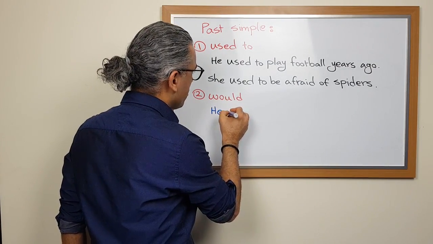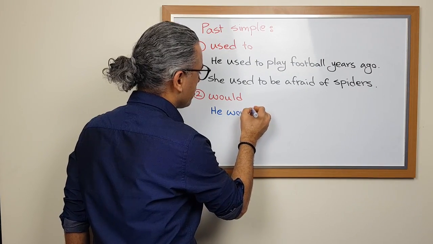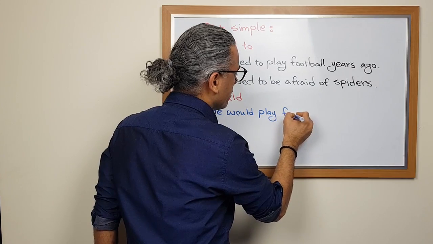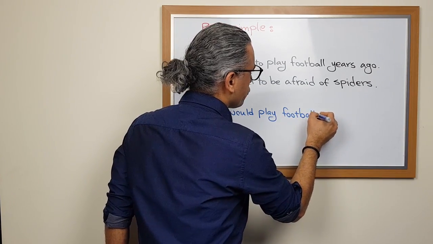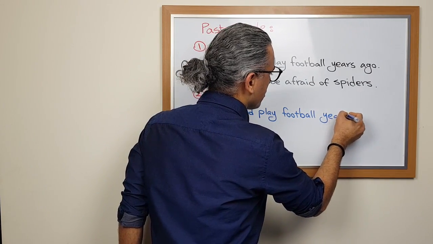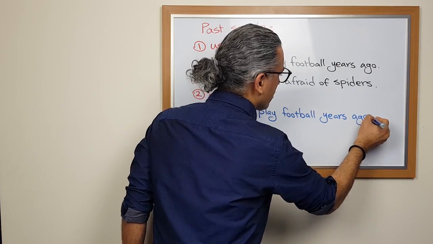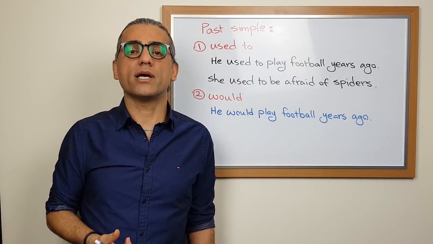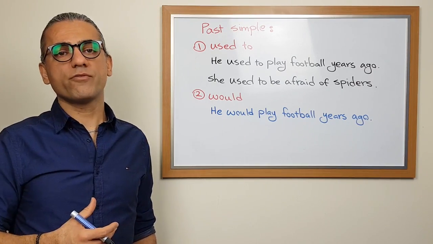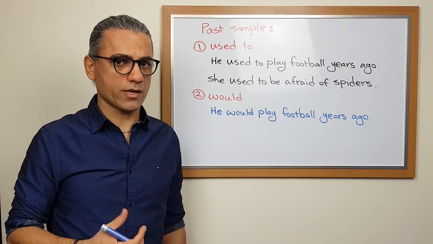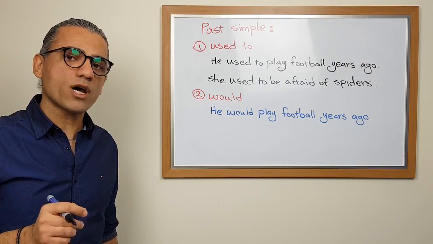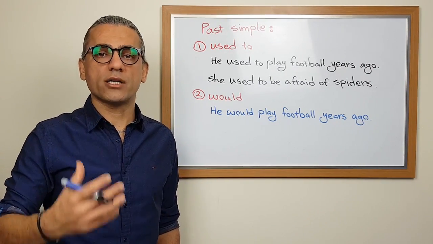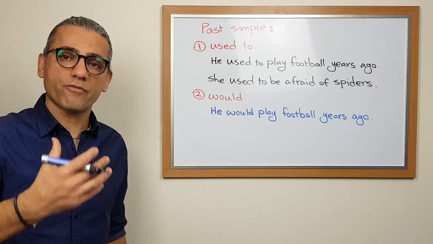He would play football years ago. Or you could say he would play football regularly years ago, or he would play football on a regular basis years ago. Because remember, we are describing habitual actions. It means actions which happened on a regular basis or frequently.